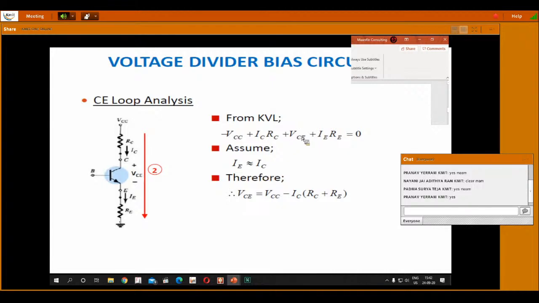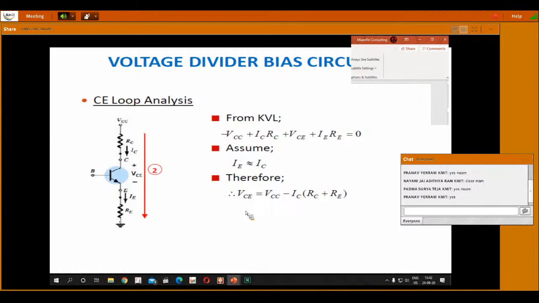Hence for VCE, just replace this IE with IC, then we have VCC minus IC into RC plus RE. As IB is constant, IC is also constant. So the fixed quiescent value of VCE is also fixed. With this, we have finished our voltage divider biasing circuit.